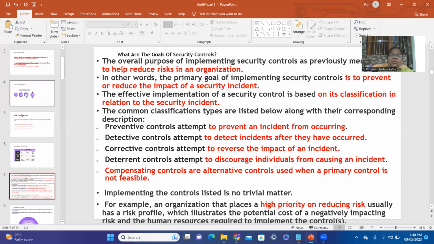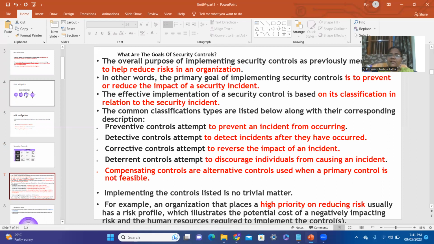What are the goals of security controls? First of all, we are reducing the risk. Also, you have to prevent the incident from occurring. If you feel an event is going to occur, you have to prevent it.